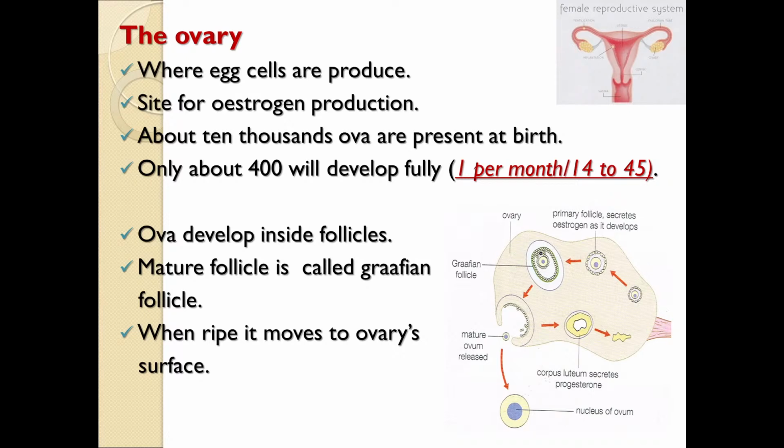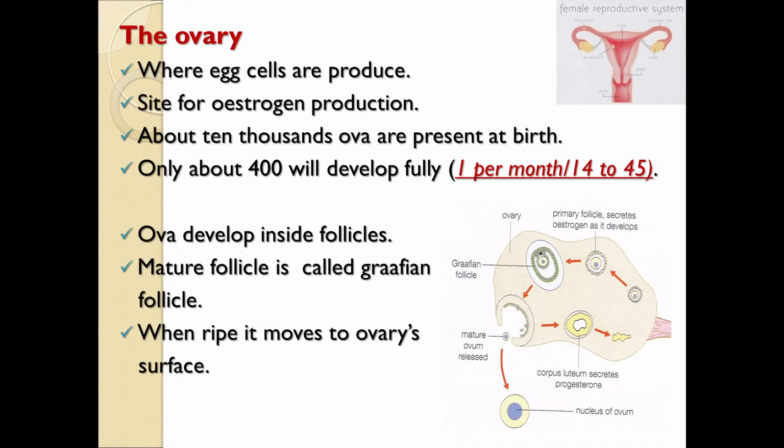The ovary: a female normally has two ovaries, one on the right, one on the left. And looking at the image, the larger image is showing you one ovary, while the image at the top is showing you an ovary on the right and an ovary on the left.